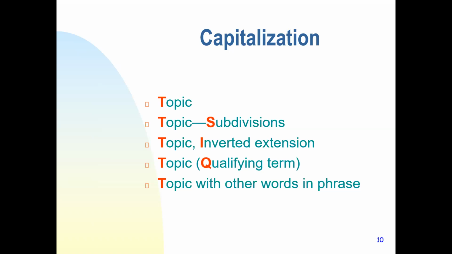This is what the capitalization looks like on the subjects. Always the first letter is capitalized, and then the first letter of the subdivision. For inverted phrases, the inverted extension is capitalized, and the qualifier is capitalized inside the parentheses, the first word anyway of the qualifier, and then the first word of the phrase as well.